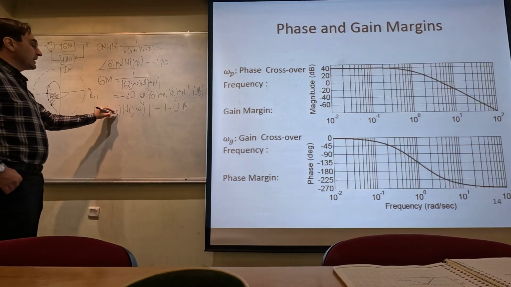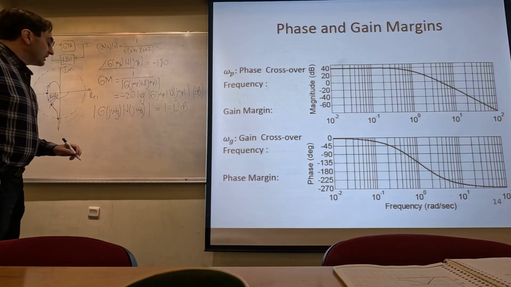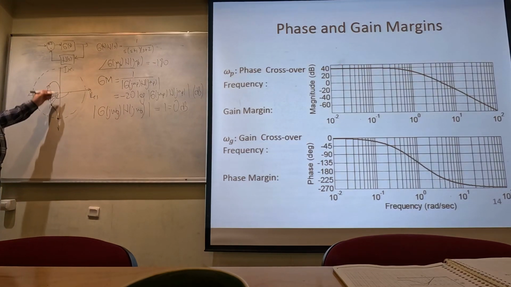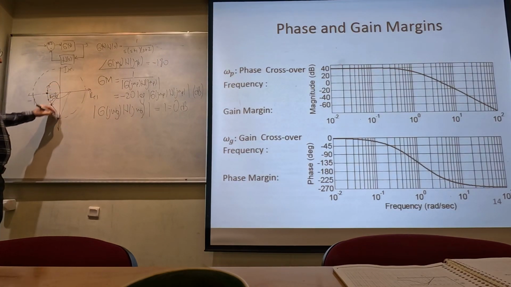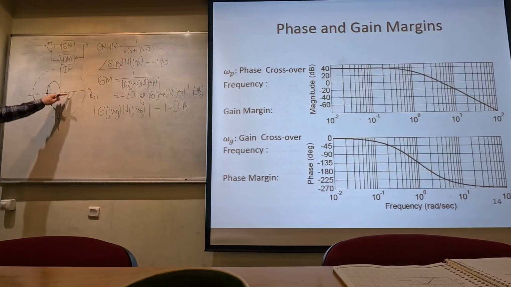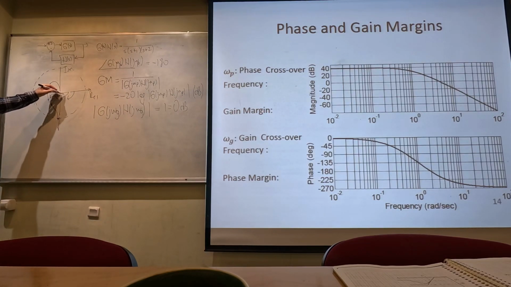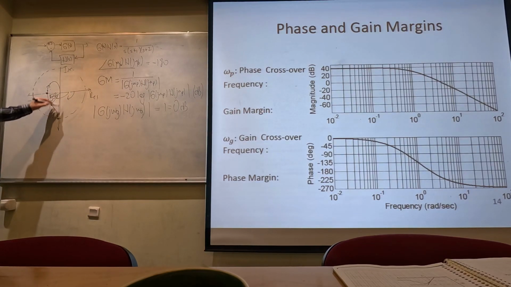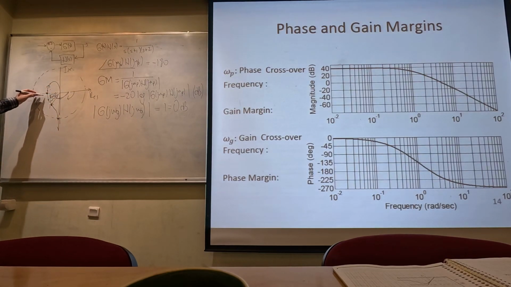This is called the gain crossover frequency, and the phase at that point determines the so-called phase margin of the system. I can draw a line here and look at its phase. The phase margin of the system is defined as this angle from the negative real axis.